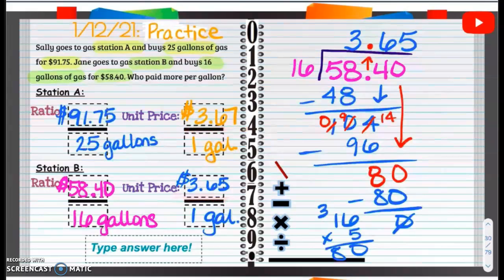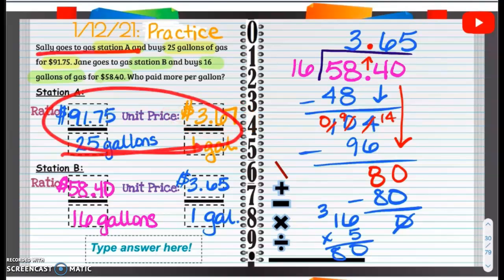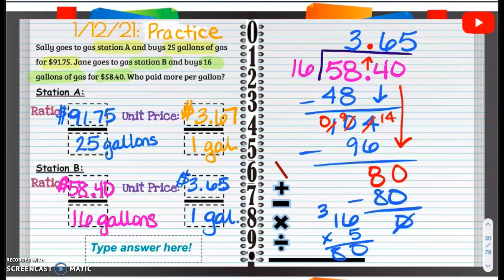Well, $3.67 is more. So who paid more was gas station A, and gas station A was Sally. So our answer is going to be Sally. Sally paid more. So we want to go where Jane went. And that's going to be it for our practice. Great job!